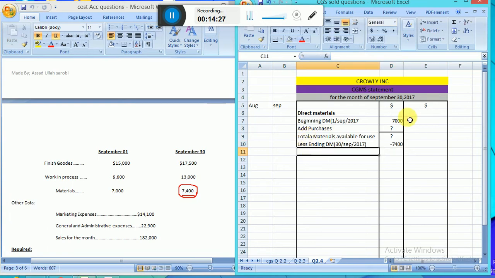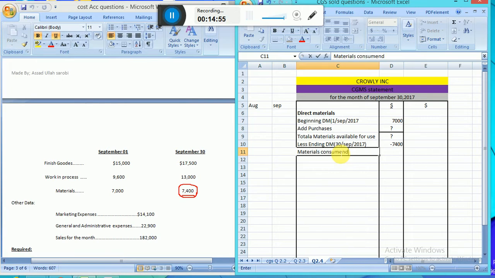Now total material was unknown. From unknown, when we subtract the 7,400 remaining materials, it will give us the material that was used during the month of September. It means the material cost for the month of September. So material consumed.